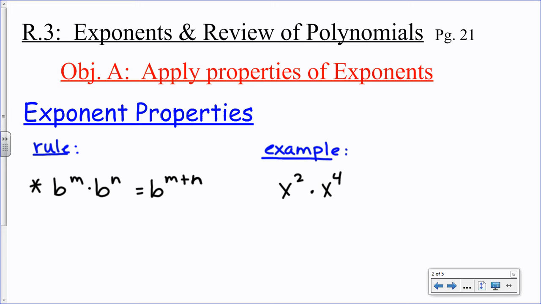So x squared times x to the fourth will be x to the 6. 2 plus 4 is 6. Good.